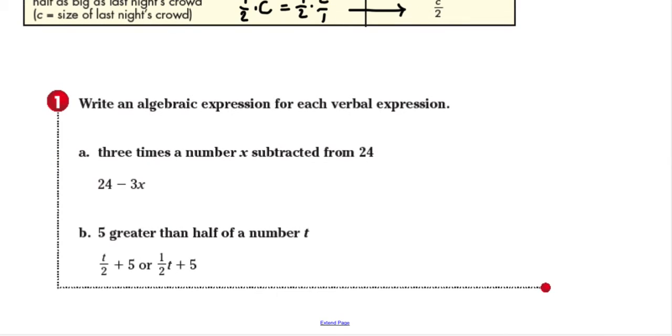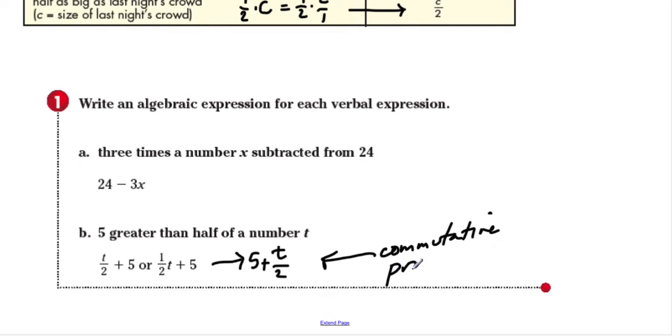This can also be 5 plus t over 2, and this is due to the commutative property of addition. We are also going to review this a little bit later on. We did this last year, so if you remember that, good. You are already one step ahead of the game.